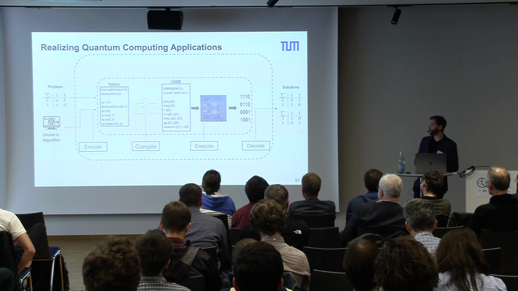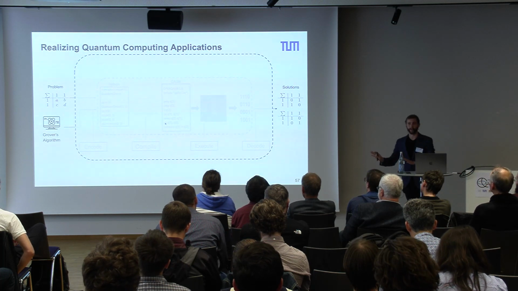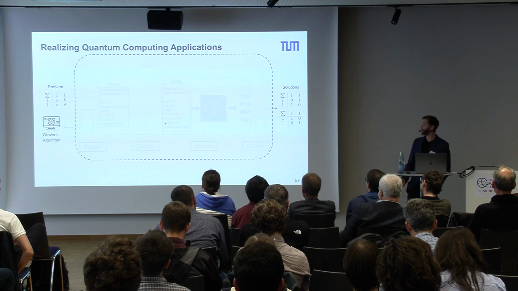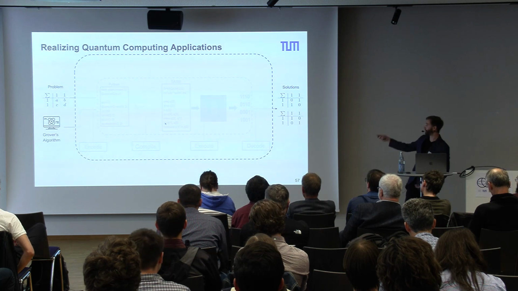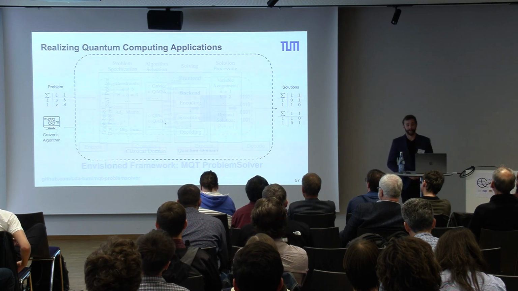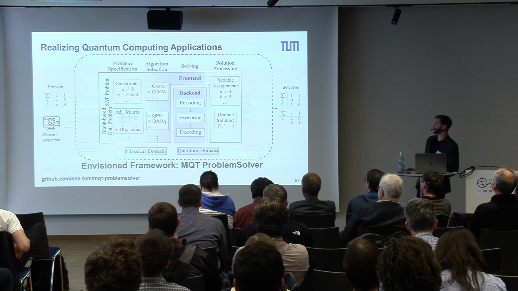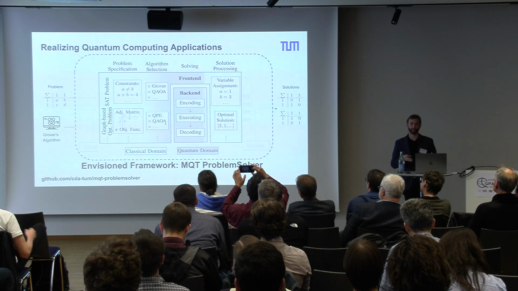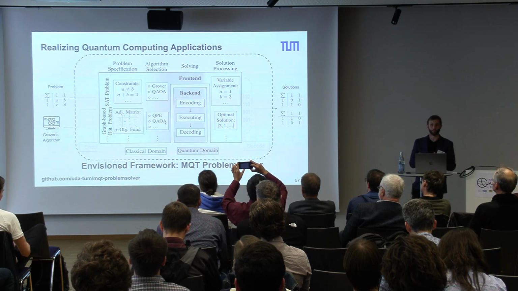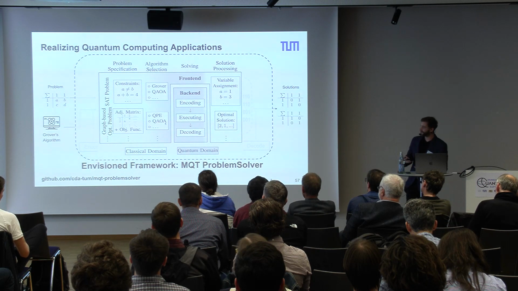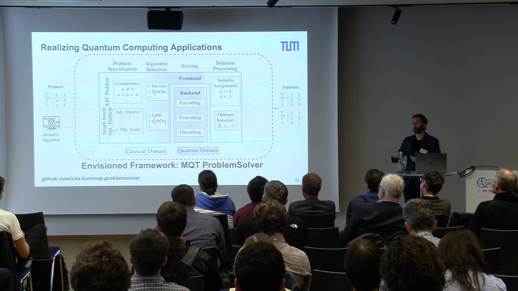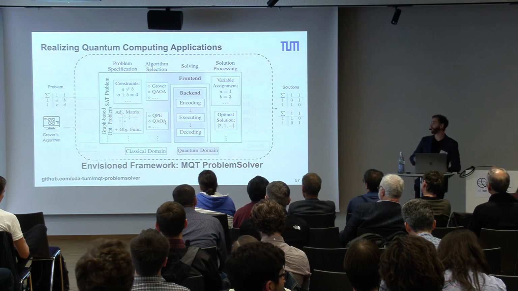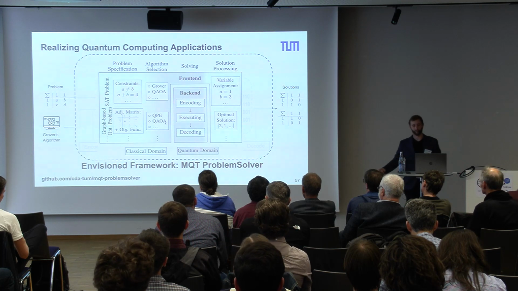We really believe that in the future, this should all be abstracted away, and quantum computing should just be an accelerator, like a GPU, like we take it for granted. It takes the same classical inputs, it produces the same classical output, and we have an envisioned framework for that, which we call the MQT problem solver, that tries to shield end users from all those intricacies of quantum computing and more or less guides them by providing an algorithm selection for their problems to solve, taking over all this encoding, execution, decoding, and then handing them their solution back.